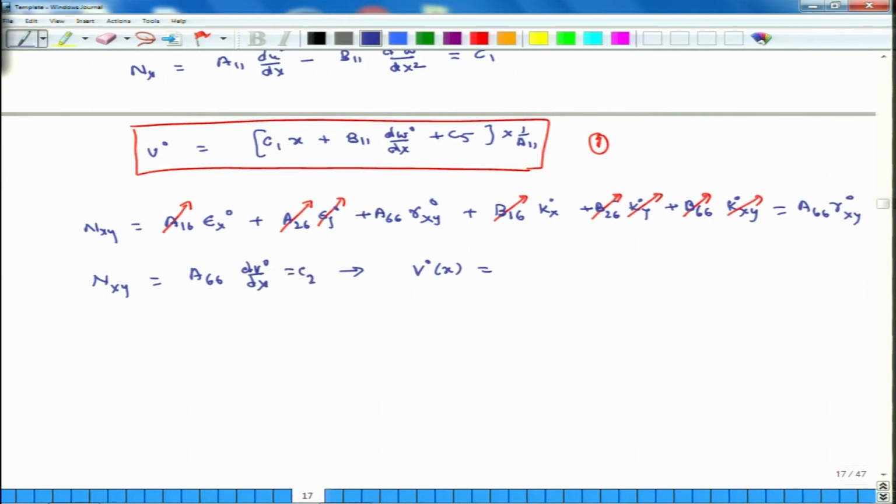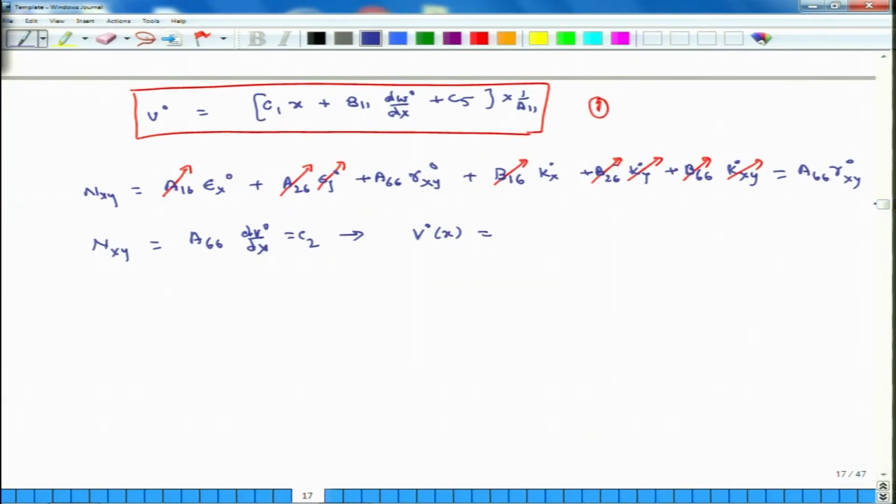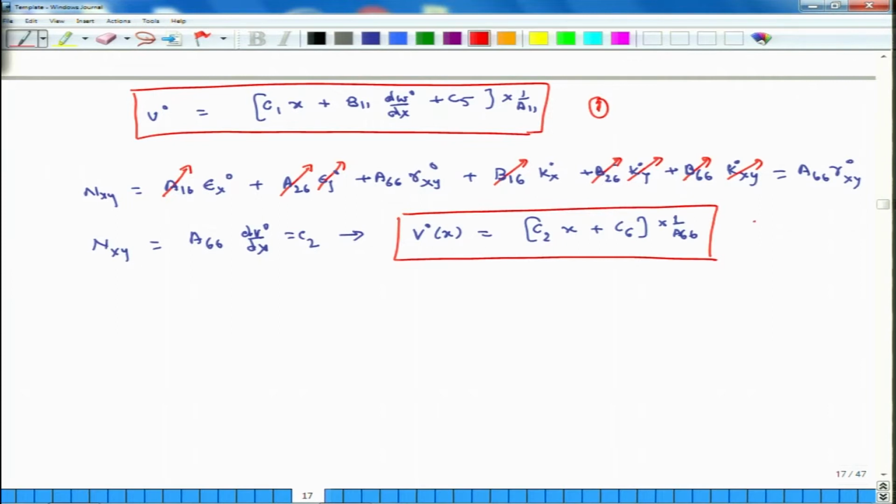Nxy is C2. We have already said that earlier, right, from this equation. So, this is equal to C2x plus C6, into 1 over A66. So, this is the expression for V.